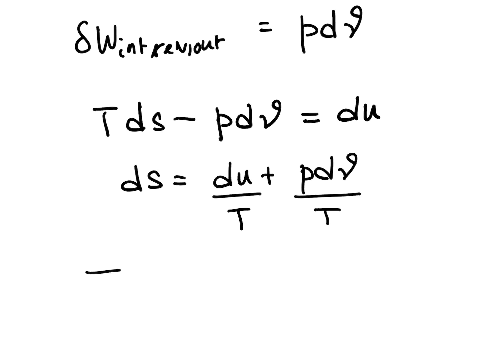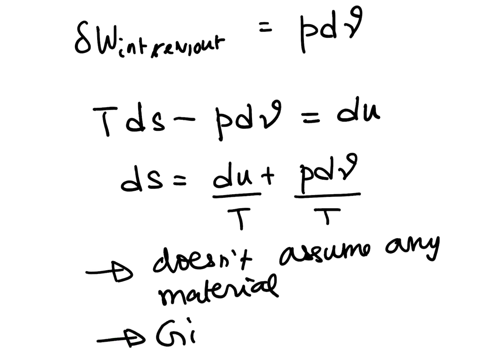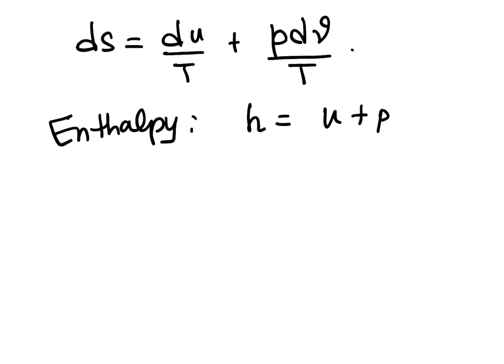This equation is general. It doesn't assume any material. It can be for solid, liquid, or gas, and it's called the Gibbs equation. I'll write it again: dS equals dU over T plus P dV over T. Now in this relation, I can bring in enthalpy, which is another constructed quantity, as H equals U plus PV.